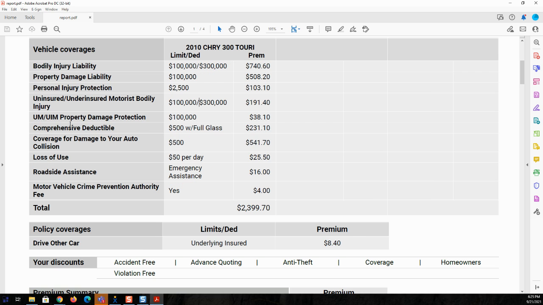So if we move on to the next number, it's your uninsured, underinsured motorist bodily injury, often referred to as UM/UIM. So when you look at this number and you wonder, 100,000, 300,000 in bodily injury, well, I already have bodily injury coverage up here. Well, you do, but you don't. So this is bodily injury to you if somebody injures you in an accident and they are underinsured or don't have insurance at all.